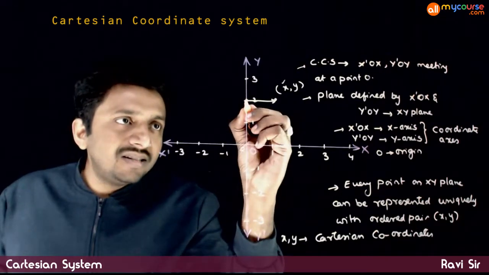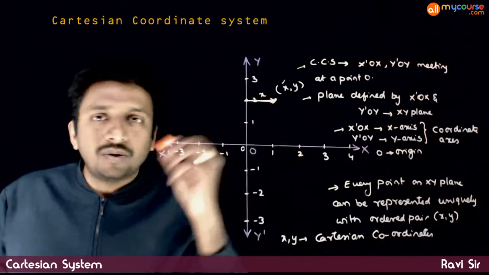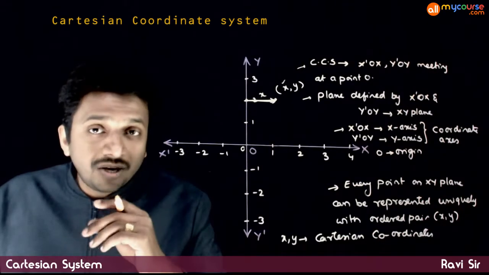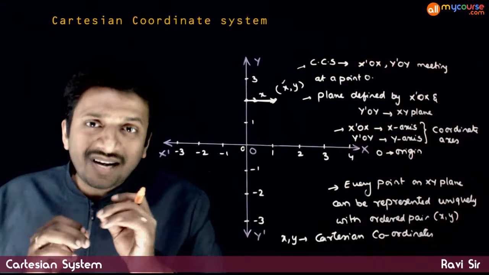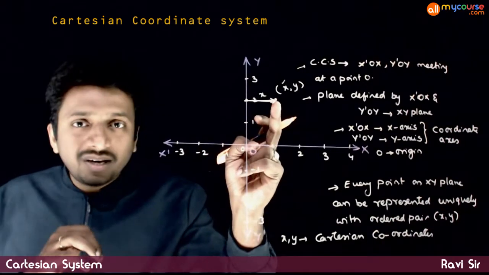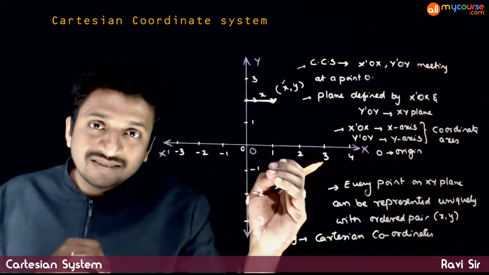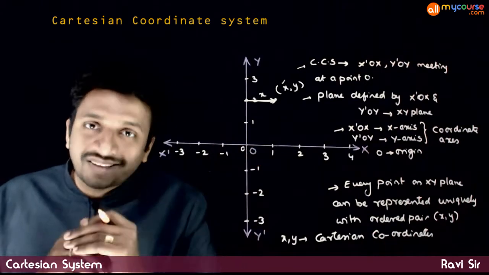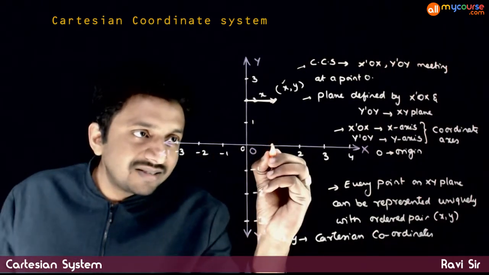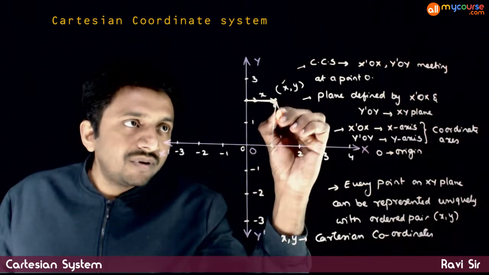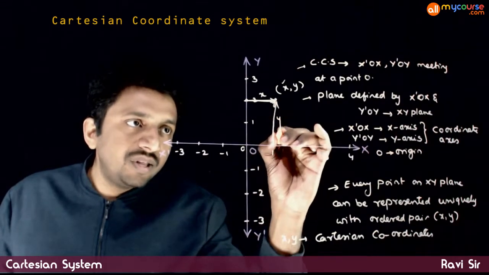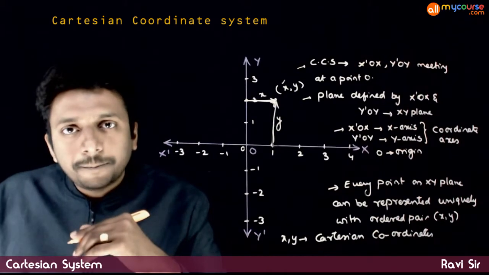So as you can see, this distance is called the x-coordinate. And what is the y-coordinate? The y-coordinate of a point is defined as the distance of the point from the x-axis measured in the direction of the y-axis. So start from the x-axis, measure the distance of the point in the direction of the y-axis. So this will be the y-coordinate of the point.